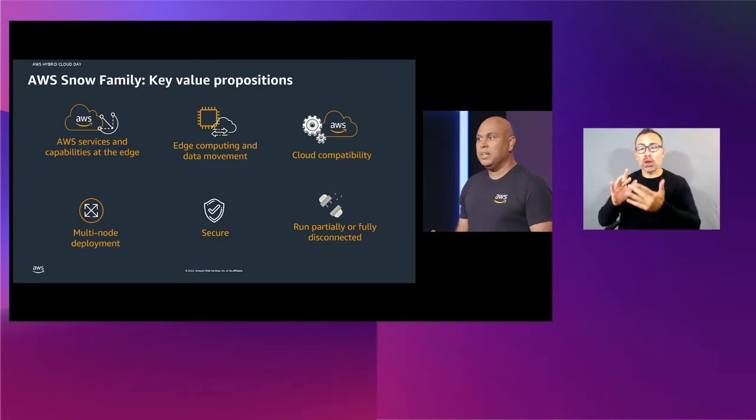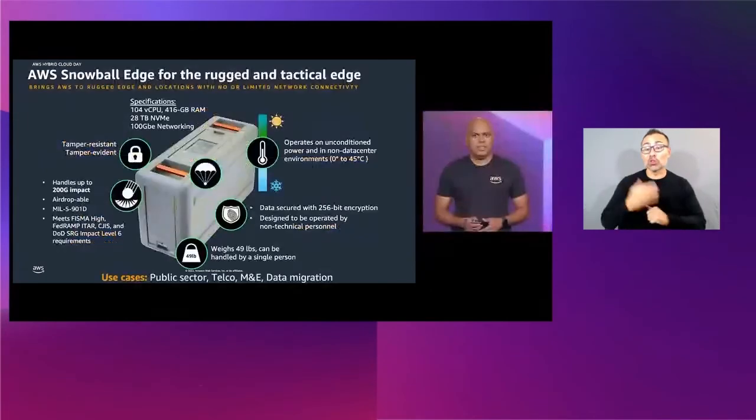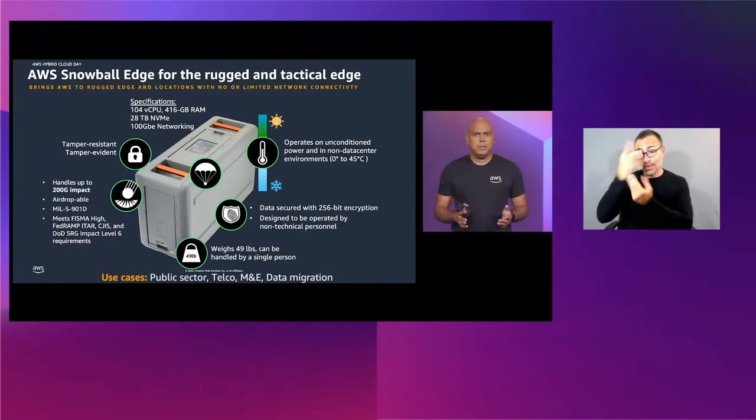And because we are running outside of the data center, our Snow products are built completely secure. We have AES 256-bit encryption, tamper-evident and tamper-resistant products, and ruggedized cases, so that your workload and your data are secure at the rugged edge.